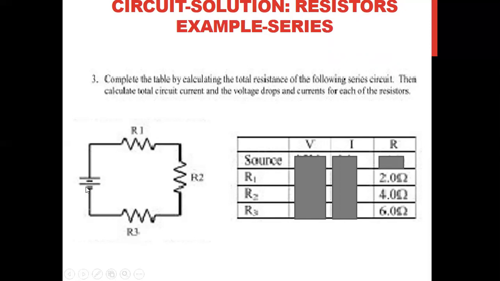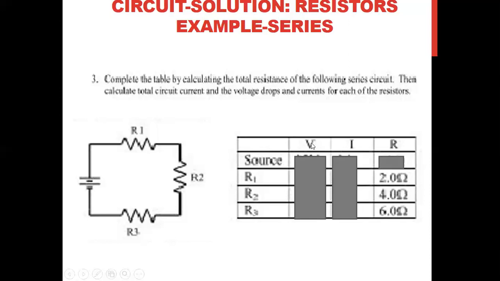The voltage source is giving 10 volt. Okay. Find the values of V1, V2, V3 and I1, I2, and I3. But one thing, this is a series circuit, so all I is the same.